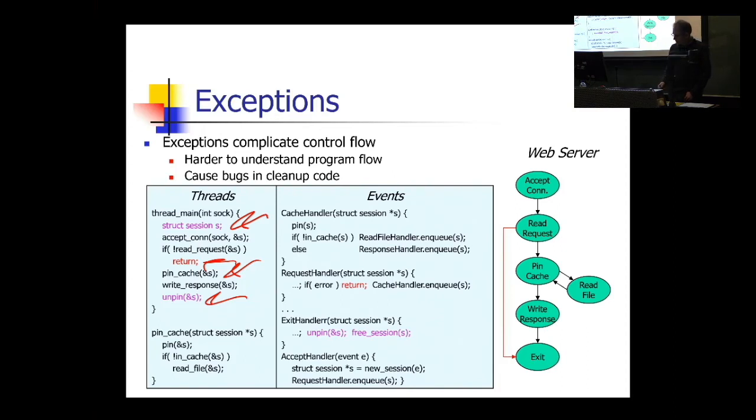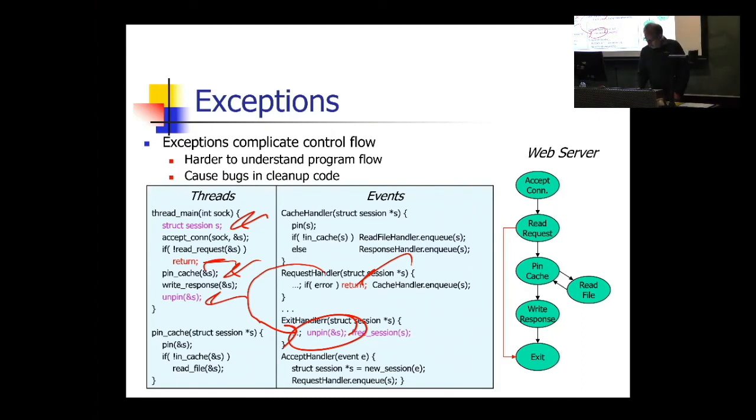Okay? If I look at the event model, if I return from the cache handler and don't end up following the right flow, I may end up in the situation where if I go straight from the request handler to the exit handler without going through the cache handler, I may unpin something that's not pinned, and that might just be a complete bug that crashes the code.